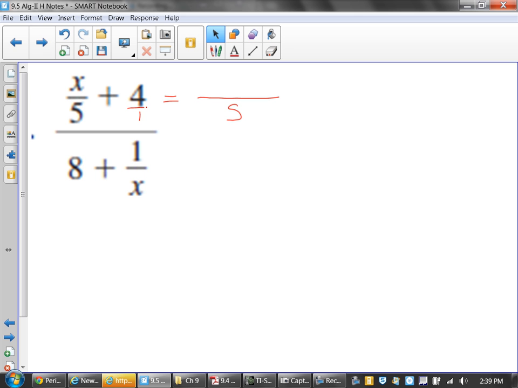Okay. This one has the 5. This one needs it. So what's 4 times 5? What's the common denominator? x. This one doesn't have it. This one does. Rewrite it.